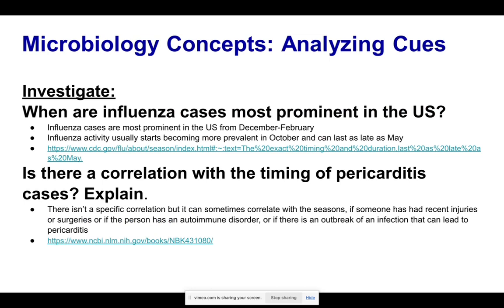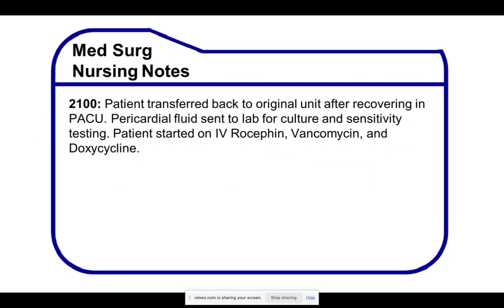And there isn't a specific correlation with the timing of pericarditis cases with the seasons, but they sometimes can correlate with the seasons. If someone has had recent injuries or surgeries, or if the person has an autoimmune disorder, or if there's an outbreak of an infection that can lead to pericarditis.